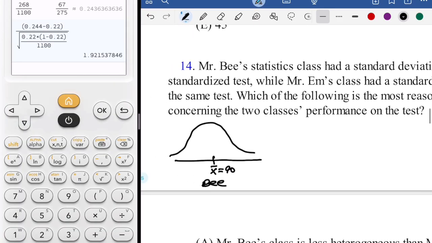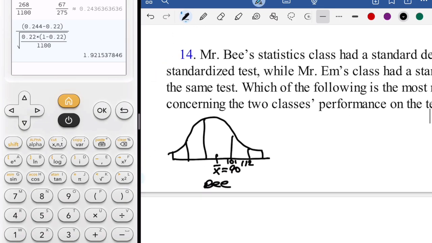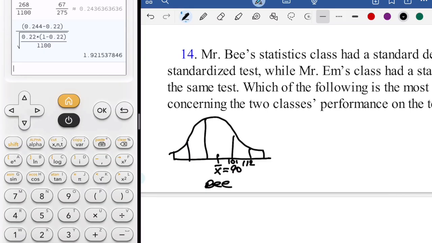So we would go out one standard deviation, about 11 and change, that'll get us over here. Then two standard deviations, and three standard deviations. So it'd be like 101, 112-ish. It was 11.2, I'm just leaving off the decimals. So 123, and then 79, 68, 57. So that's where you're living, in that neighborhood.